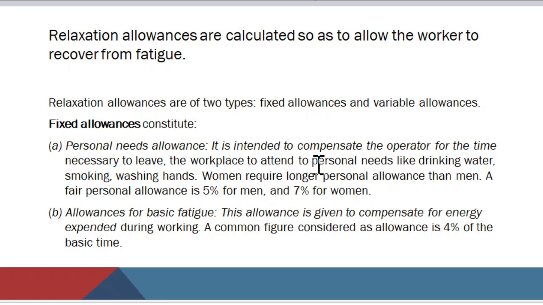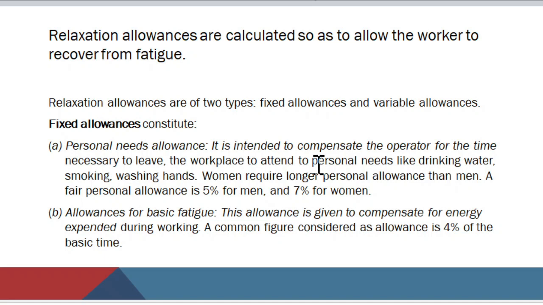So most companies set 7% for the personal needs of the women and 5% for the personal needs of the men. So I hope it is not unfair, no? You may see it as unfair, but then again it's not, no?